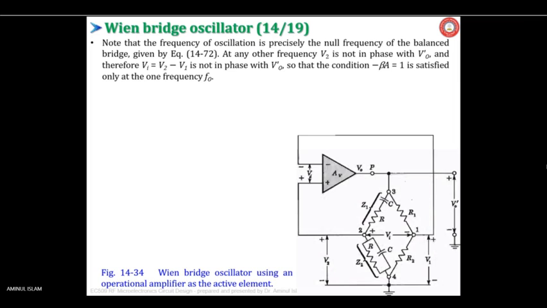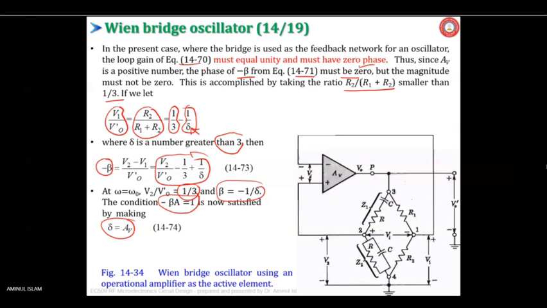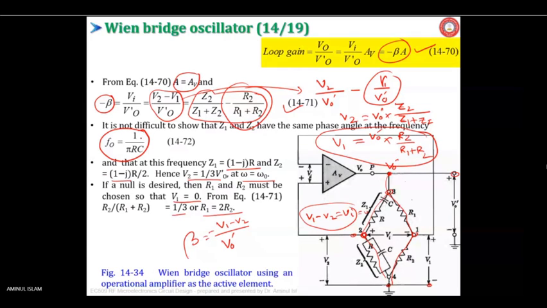At any other frequency, V2 is not in phase with VO prime, and therefore Vi equals V1 minus V2 is not in phase with VO prime, so that the condition minus beta A equals 1 is satisfied only at FO. FO equals 1 upon pi RC.